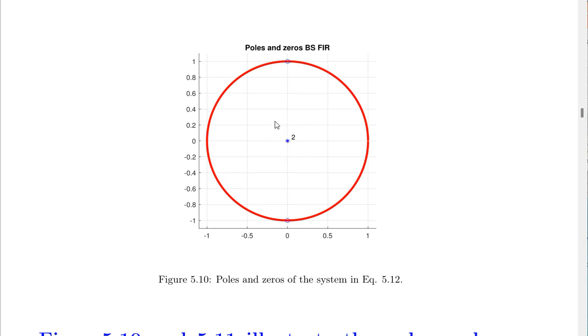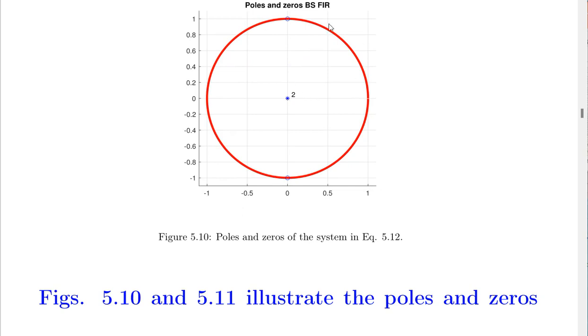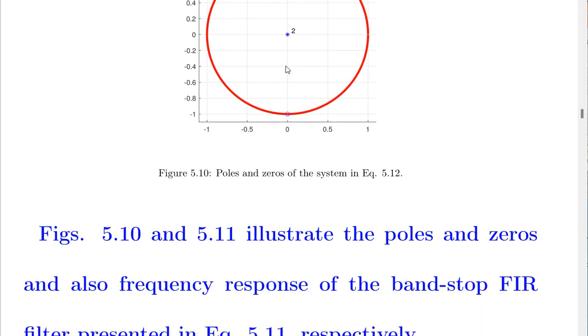It is the story for all FIR systems. There are no active poles, but the zero, the first one, is at 90 degrees on the unit circle. The next one is at minus 90 degrees, or the locations are z equal to plus minus j, imaginary part. There is no real part for the zeros.